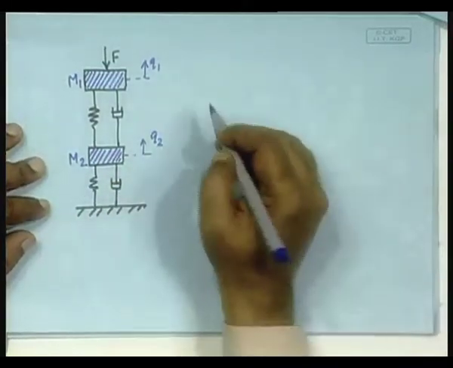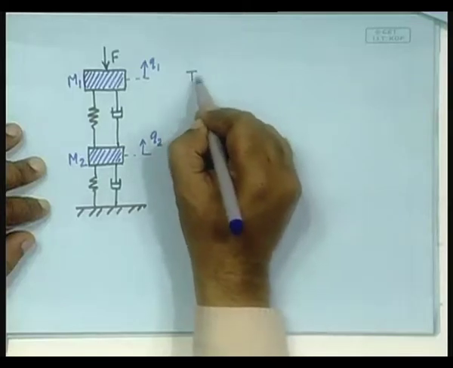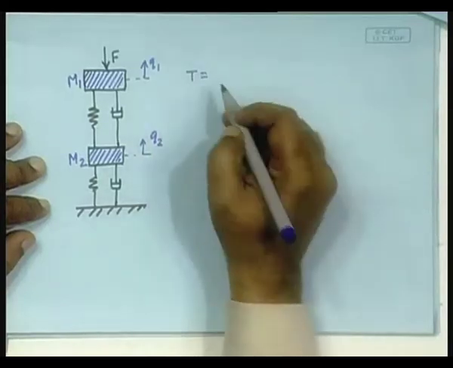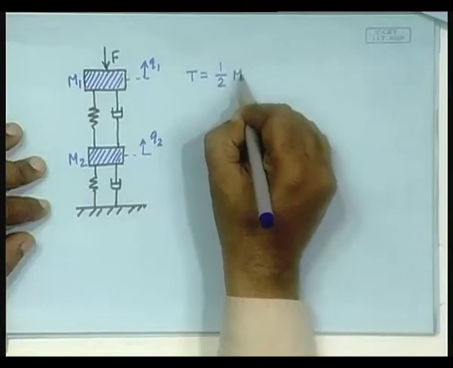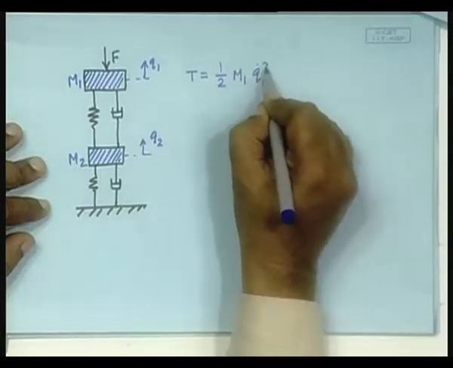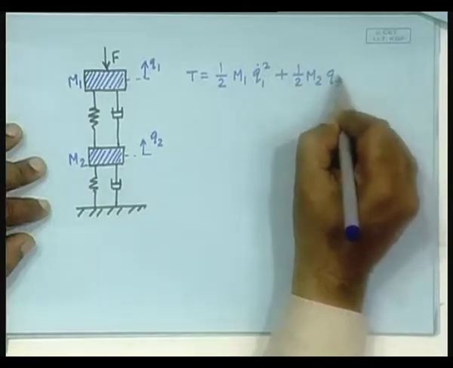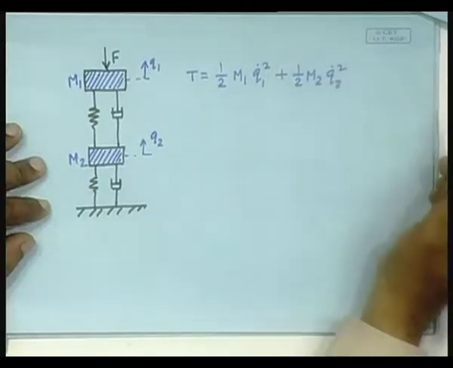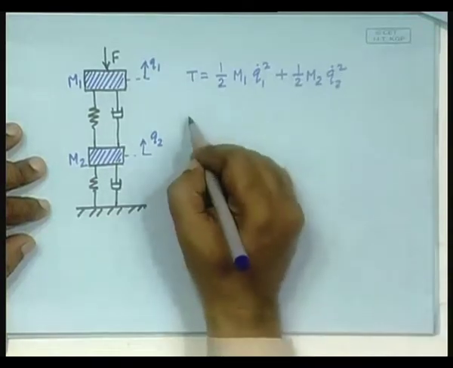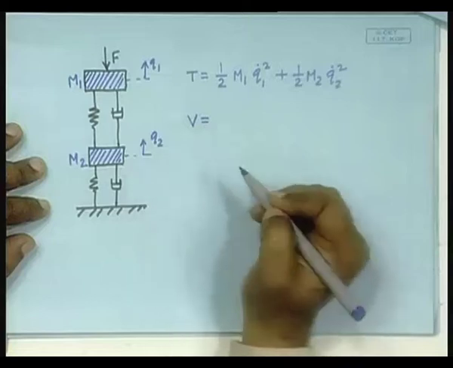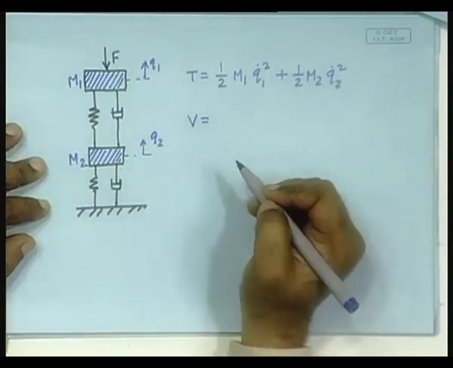Now, if you proceed to write, first you will write the kinetic energy, which is somewhat trivial, half m1 q1 dot square plus half m2 q2 dot square. Fine. Potential will be the potential stored.